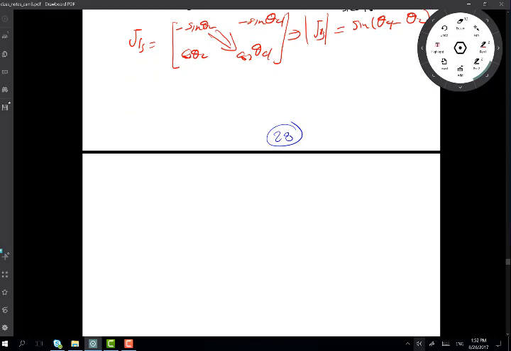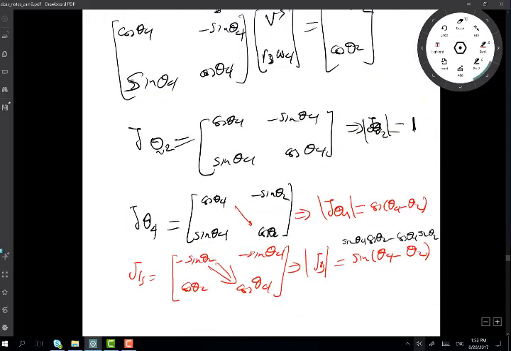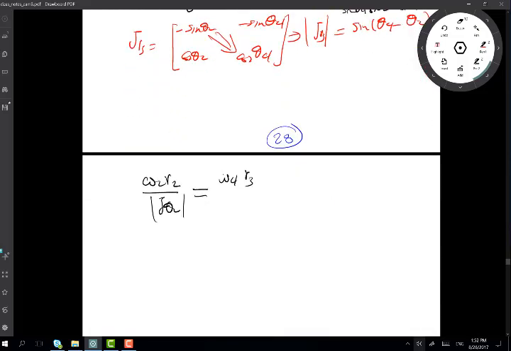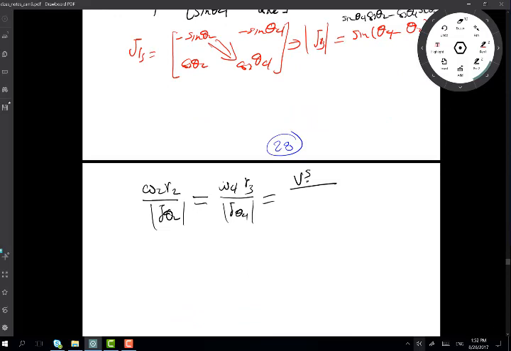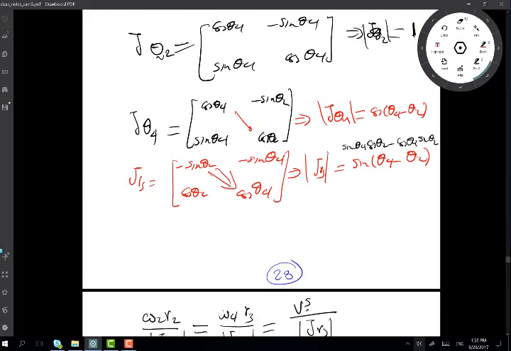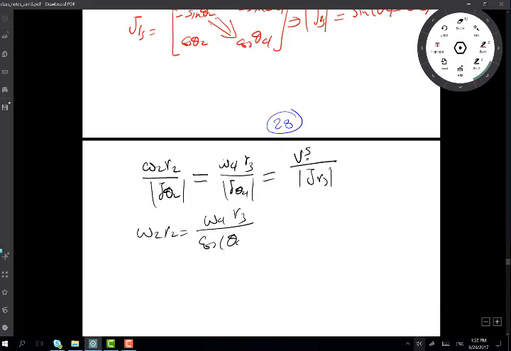So I can write the equation which says omega 2 R2 over its associated determinant is equal to omega 4 R3, divided by its associated determinant, which is J theta 4, and this is equal to V sliding divided by its associated Jacobian, which is J R3. Then omega 2 R2 is equal to omega 4 R3 over J theta 4, which is cosine of the difference, so cosine of theta 4 minus theta 2.